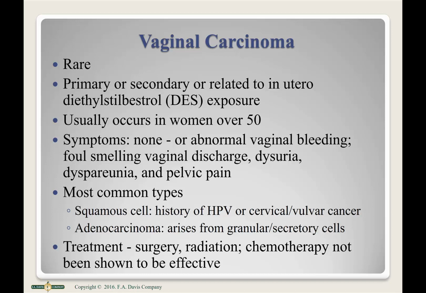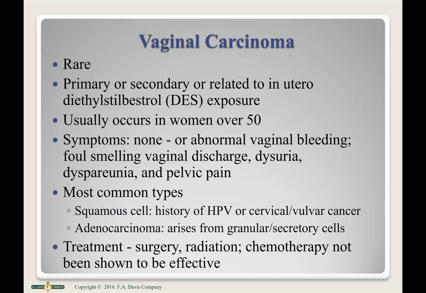And so you have a patient that comes in, and these are very common symptoms to everything related to the genitourinary system. So we'll have to do some diagnostic testing to make sure this is cancer. The most common types of vaginal cancer are the squamous cell and adenocarcinoma.